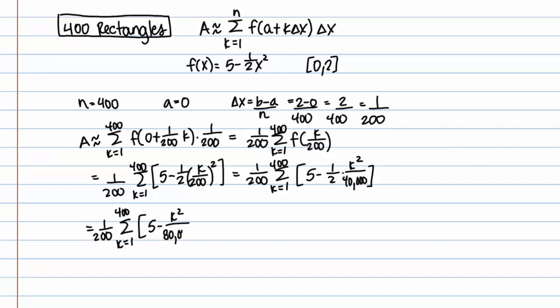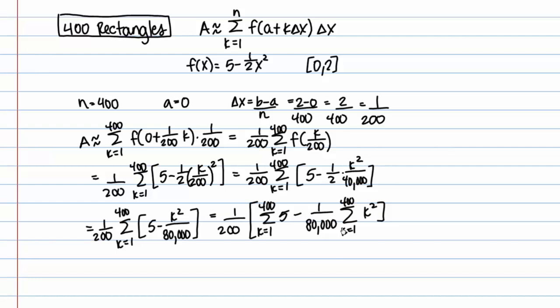Okay, now remember last time what we did is we split this up, so let's do that again. I want to keep the 1 over 200 out in front of everything, but I'm going to split up this sum into two pieces. So k equals 1 to 400 of 5, the sum of 5, minus, I can pull this constant out front, so 1 over 80,000 from k equals 1 to 400 of k squared.